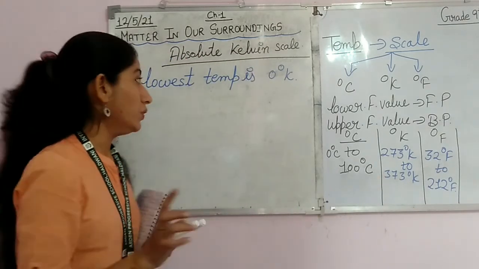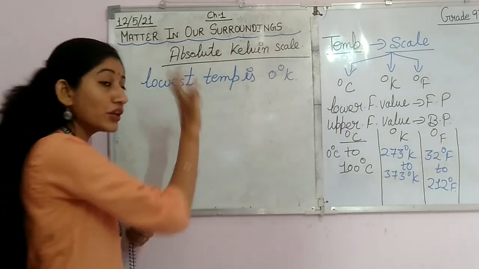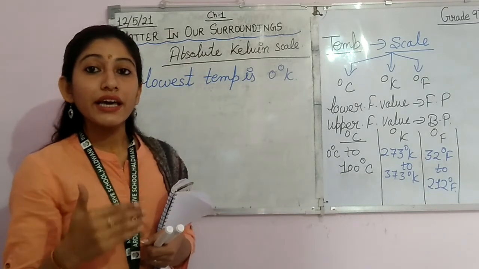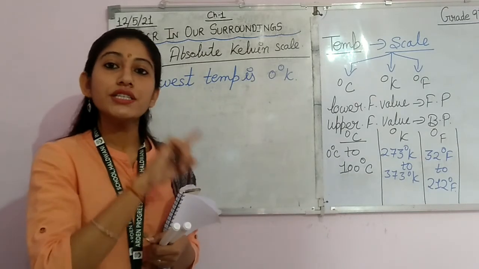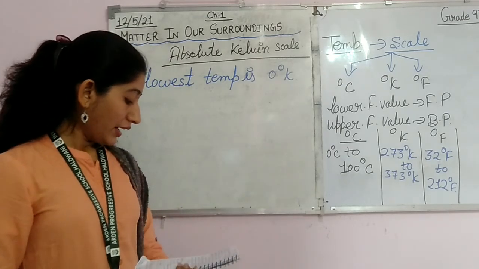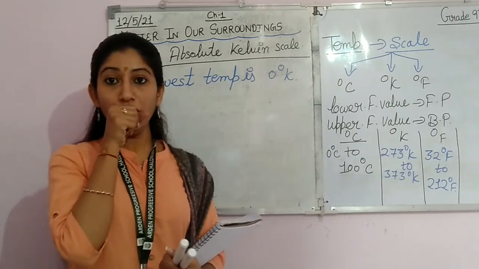Okay. Now, when we say absolute Kelvin, then we will say that in absolute Kelvin scale, the lowest temperature is 0 degree Kelvin.